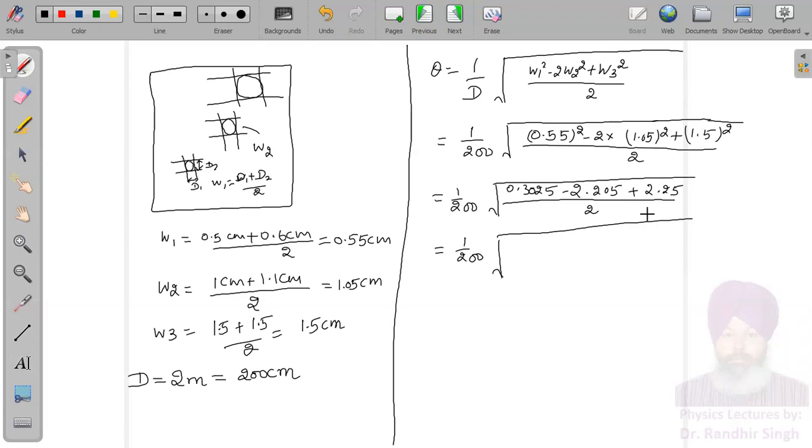This is 0.3475 upon 2. This is 0.1738. This will be 0.4169 upon 200.